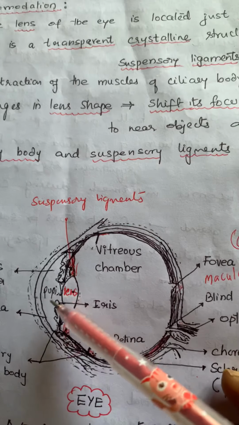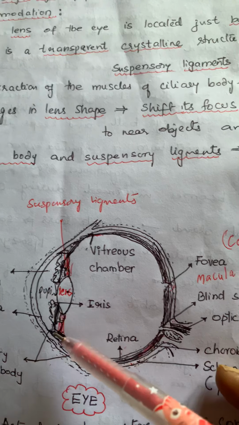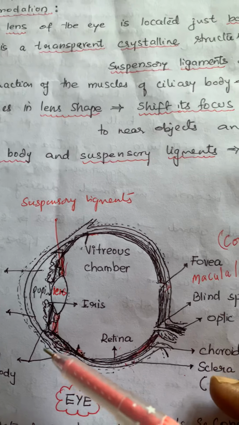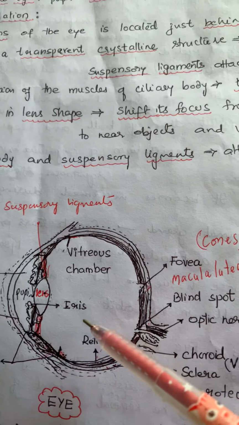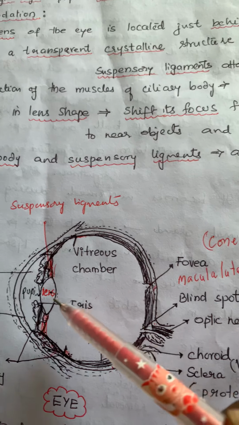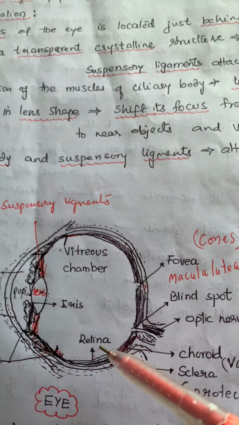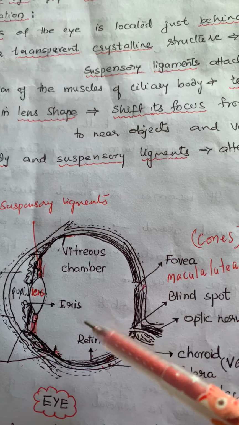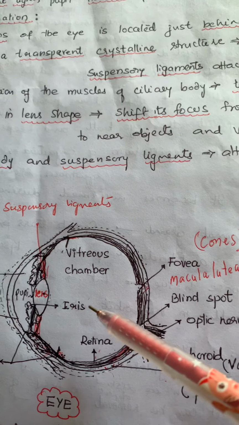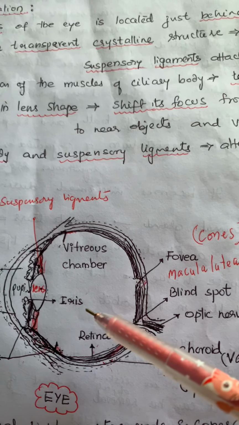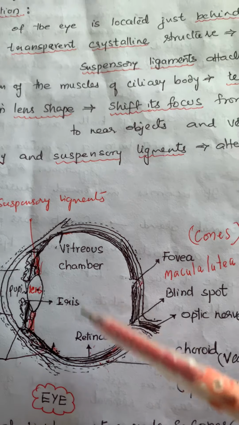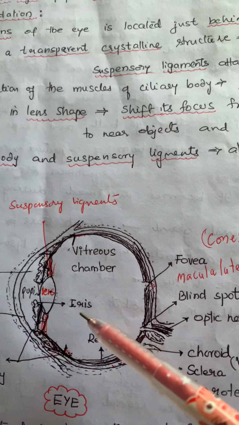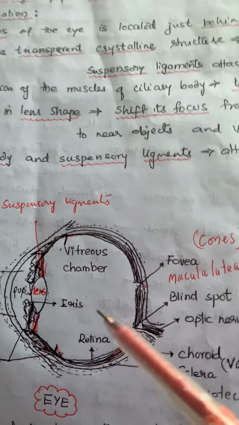It is called aqueous humor, which will be drained into the blood. The posterior chamber, between lens and retina, is called the vitreous chamber, filled with semi-solid gelatinous material called vitreous humor. It gives support to the eyeball.